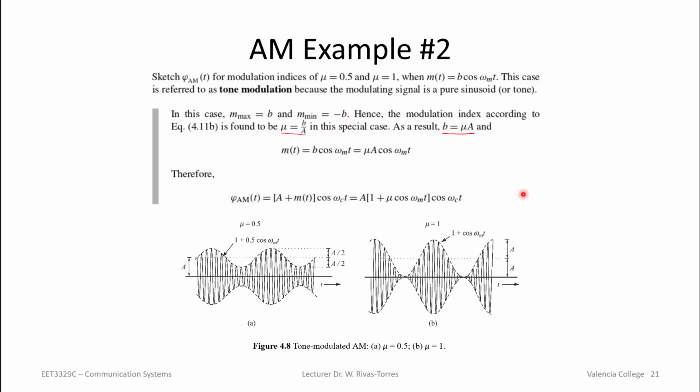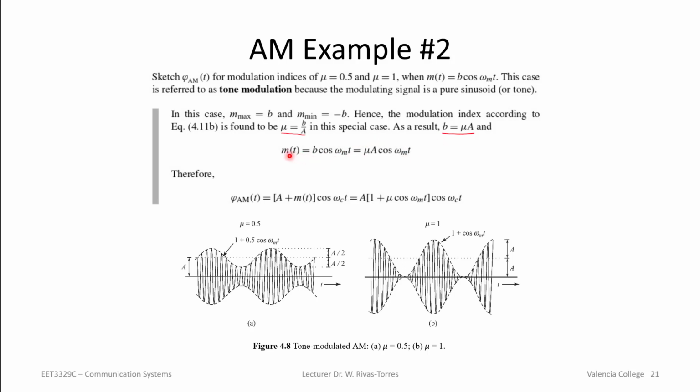Because we just have a cosine signal. That's the two peak values. Therefore, we know that our modulation index is always going to be B over A, in this special case.